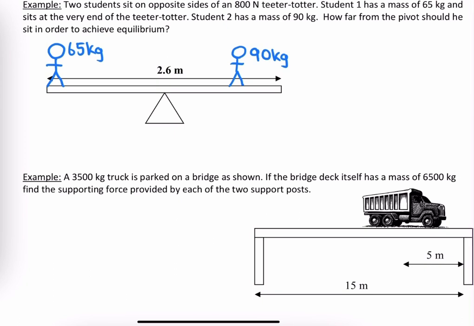So we're trying to find how far this guy is from the pivot, from the center of the teeter-totter. So I'm going to call that distance x.